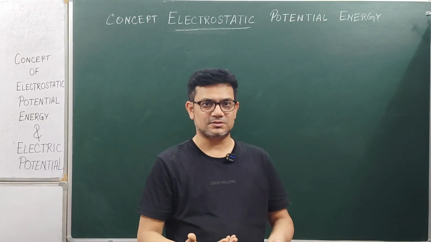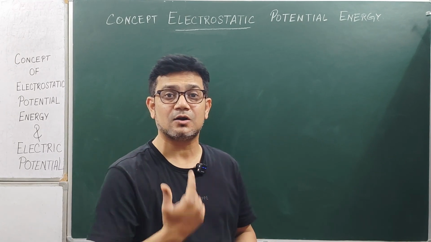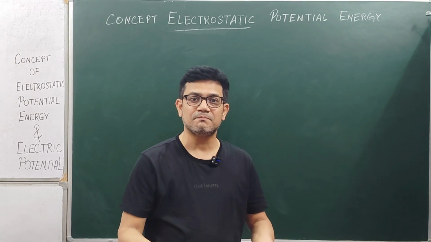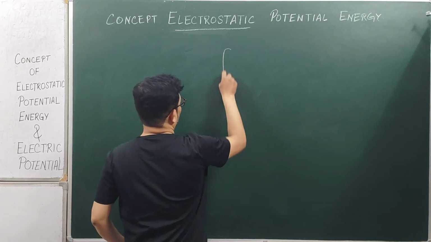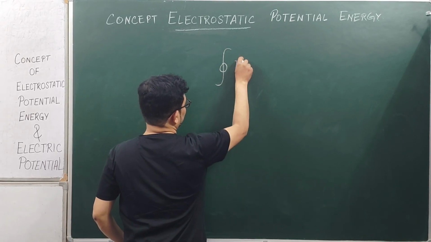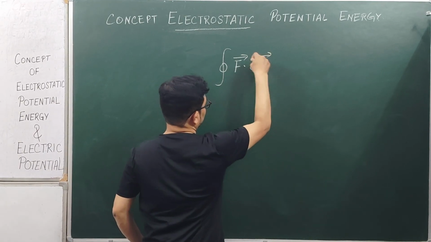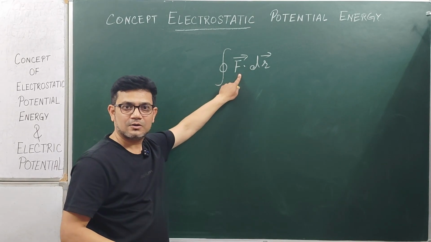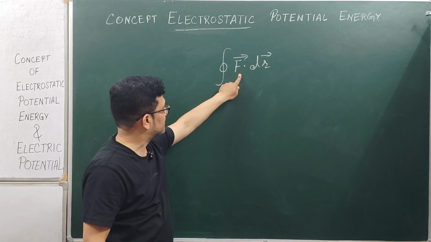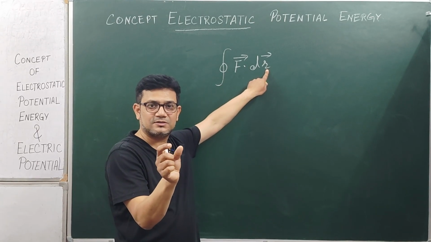Or in other words, if you calculate the work done by the conservative force in a closed path, suppose the force is F and you take the work done, which is a dot product, a scalar product, with the infinitesimal small displacement.